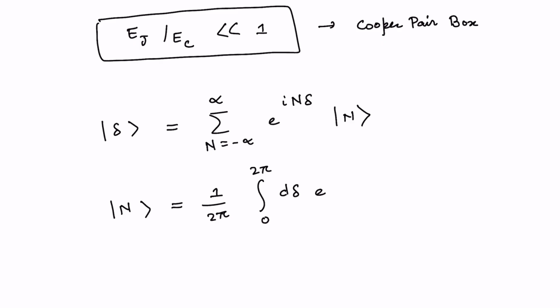The number of Cooper pairs is discrete, but the phase is not discrete. It can take continuous values from 0 to 2 pi. I leave it for you as an exercise to get the exact Cooper pair box Hamiltonian using this Fourier transform pair. Otherwise, we'll try to do that in the problem solving session.